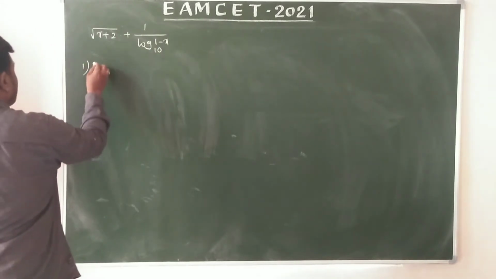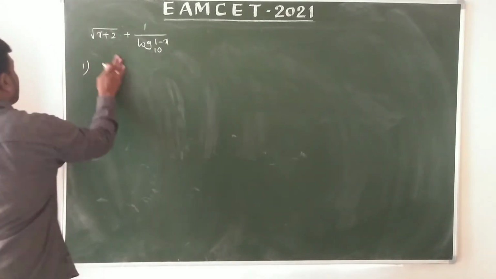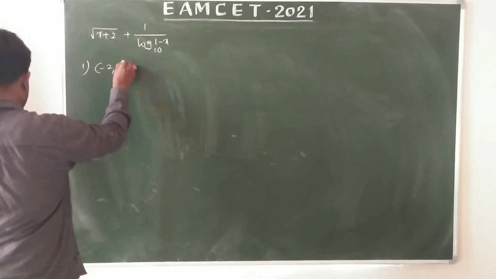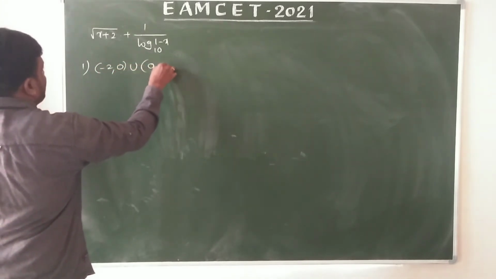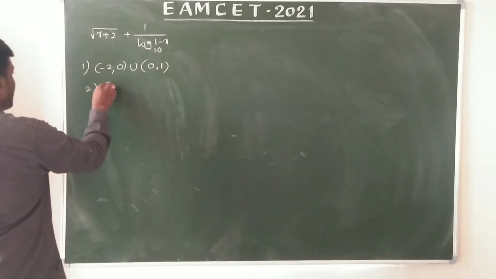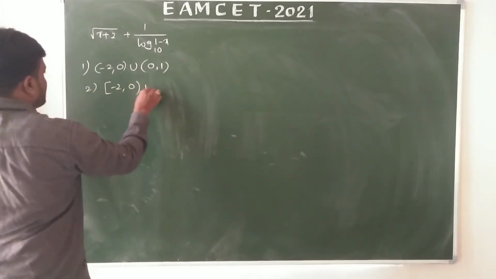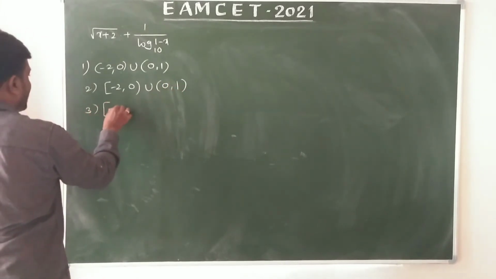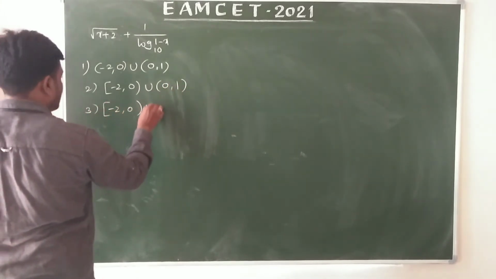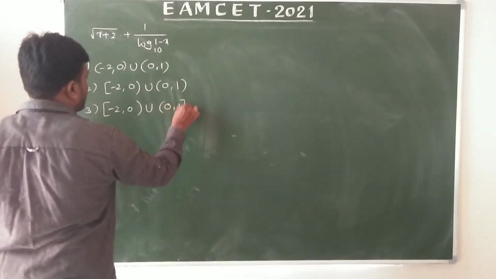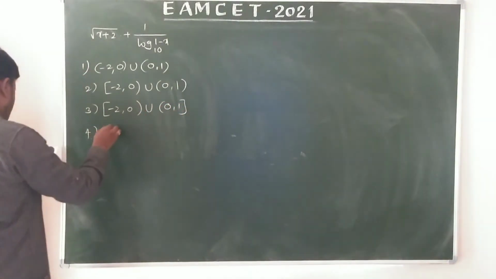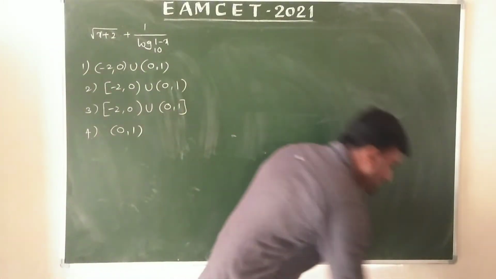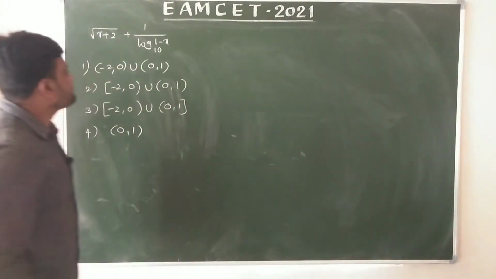Now here the choices are minus 2 comma 0 union 0 comma 1. Second one minus 2 comma 0 union 0 comma 1. Third one minus 2 comma 0 union 0 comma 1. Same values but different intervals. Okay. Let us do this one.